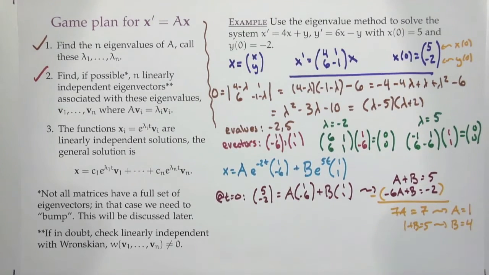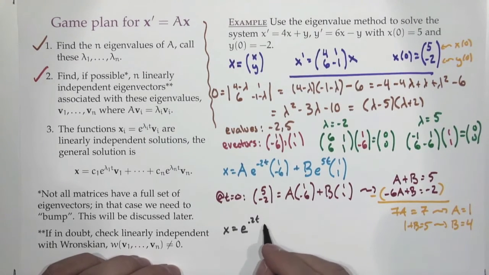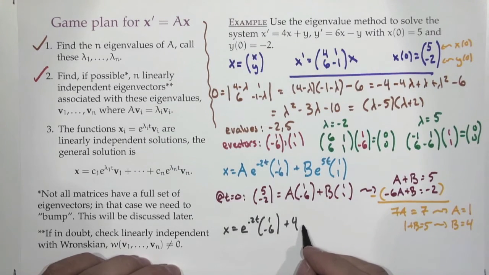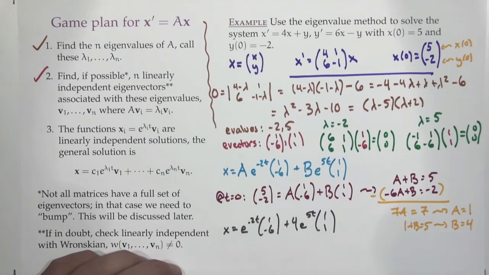B equals 4. All right. So we now know how to satisfy our initial conditions. We say, aha, brilliant. So we have e to the minus 2t, 1, negative 6, plus 4 e to the 5t, 1, 1. And is that our answer? Yes. And why not?